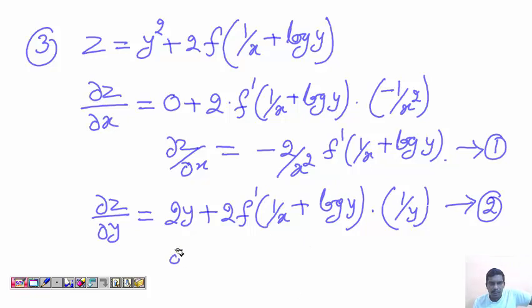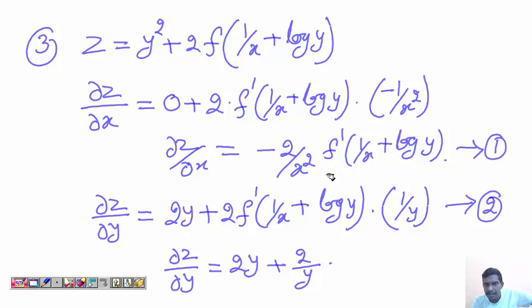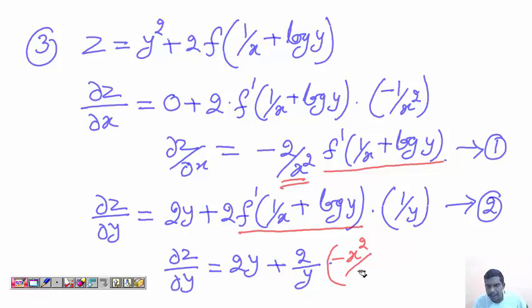For this, dou z by dou y is equal to 2y plus 2 by y into f dash of 1 by x plus log y. From equation number 1, I can write the value of f dash of 1 by x plus log y in terms of dou z by dou x, which is minus x square by 2 into dou z by dou x.